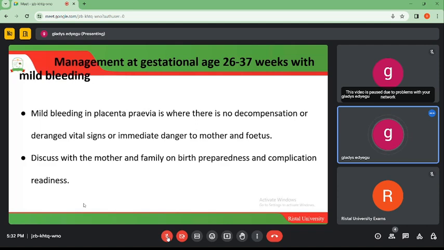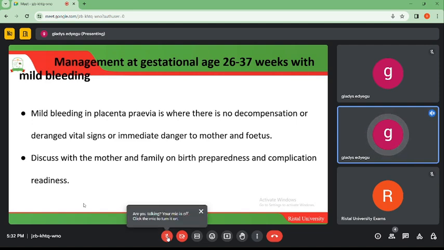So, we also have to discuss with the mother and family on birth preparedness and complication readiness. Besides the case where there was no bleeding, even here when there is mild bleeding, we still have to discuss birth preparedness and complication readiness, because placenta previa causes a lot of complications to both the baby and the mother, and we end up losing either the baby or both of them.